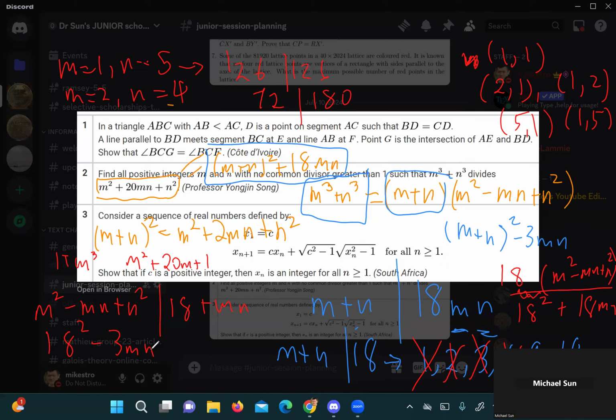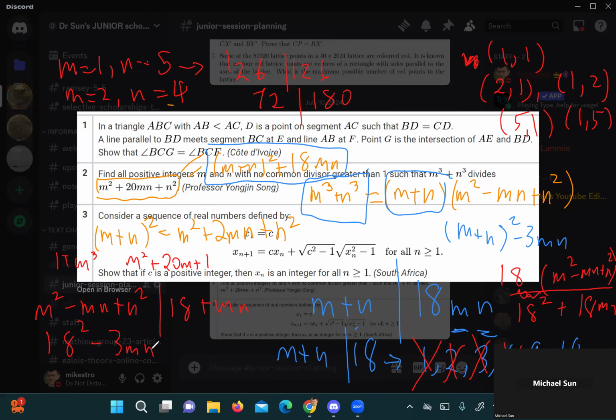One of m and n has to be divisible by 3, which means that if one is divisible by 3, then the other is as well. That's definitely true. And then it's divisible by 9. They're both divisible by 9. That's crazy. Get what I'm saying?